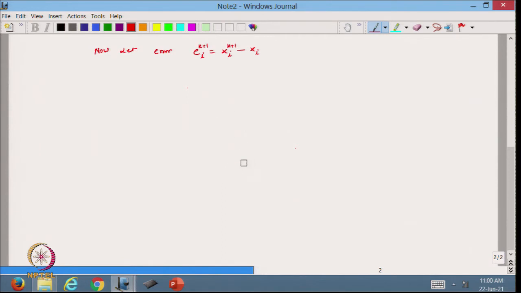Basically, this is the exact solution, because in the iterative scheme we are going to improve our solution starting with the initial solution, and this is the exact solution. Whatever the solution is, if we are able to solve the system exactly, then this is the exact solution, and this is the solution at the k plus 1 step, and I am taking the error e i at that time.